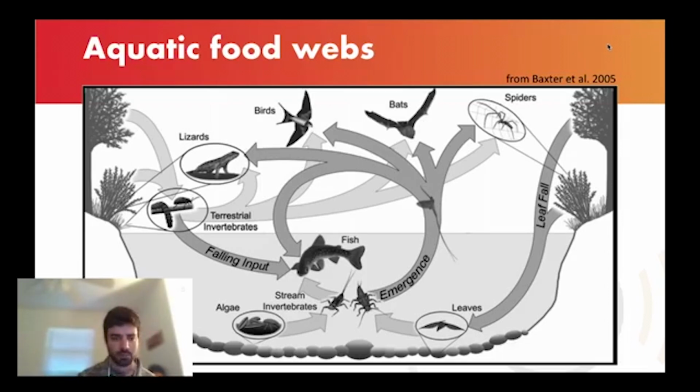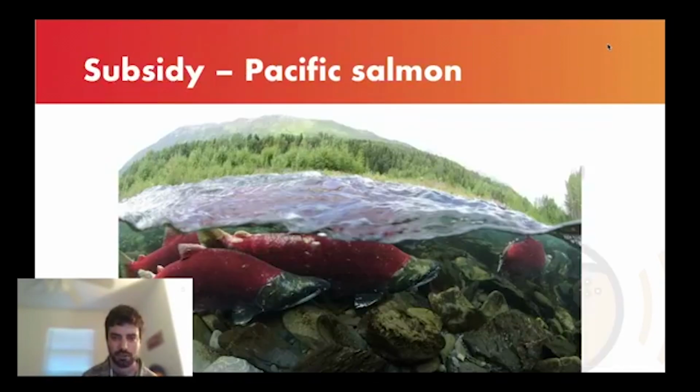And so we'll go ahead and move on to the next slide here and talk a little bit about other forms of subsidies in freshwater environments in the form of Pacific salmon. So Pacific salmon are a really well-known subsidy. They are born in freshwater environments, and then they migrate out to the oceans to grow and to mature.